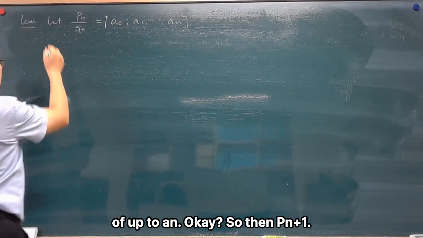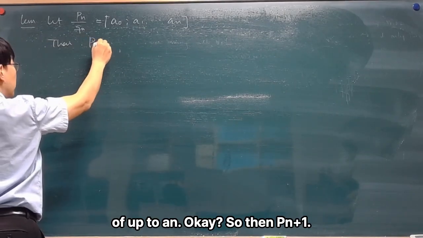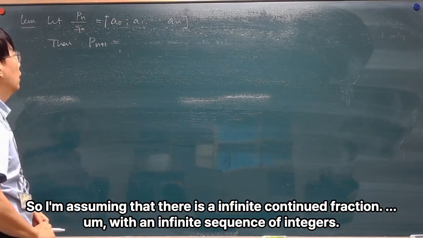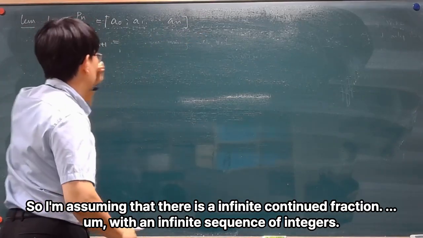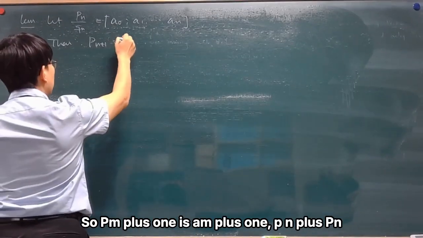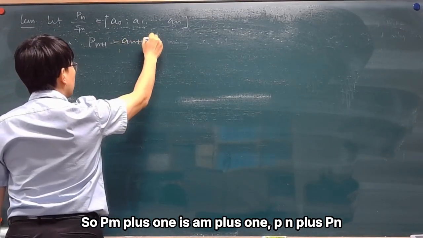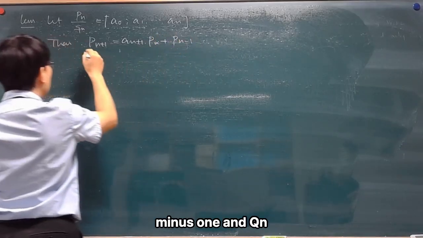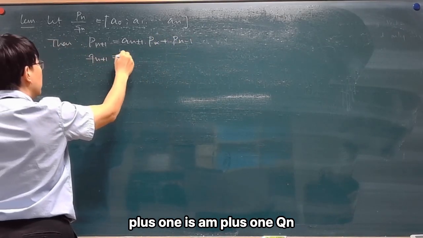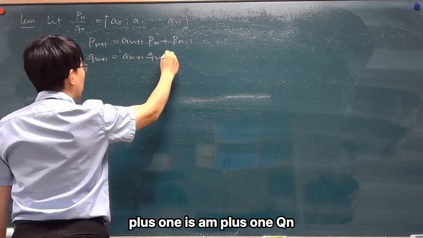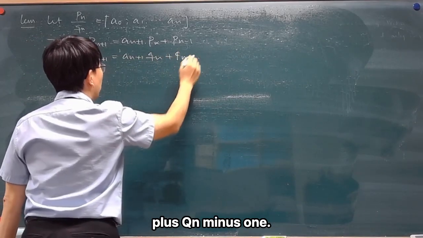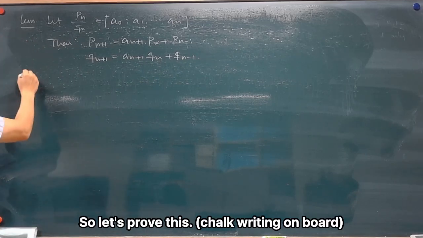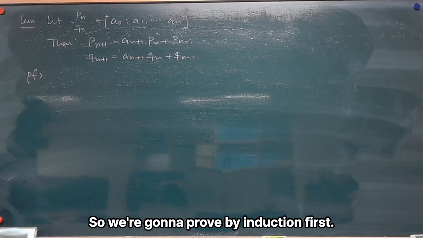Okay, so then Pn plus 1 is an plus 1 Pn plus Pn minus 1, and Qn plus 1 is an plus 1 Qn plus Qn minus 1. I'm assuming that there is an infinite continued fraction with an infinite sequence of integers. So let's prove this. We're going to prove it by induction.